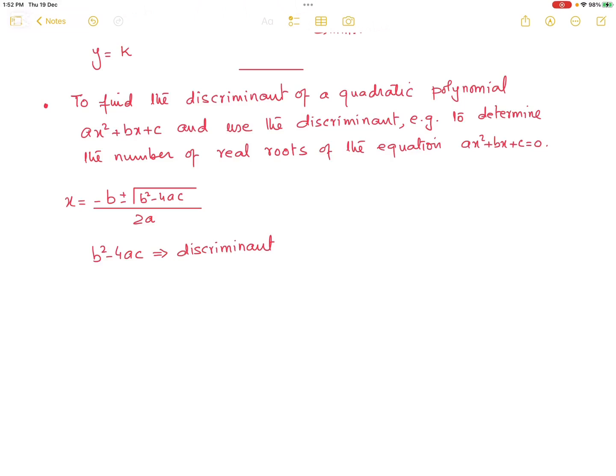Suppose we place the values of b, a and c in the given quadratic equation and we solve it, and if b square minus 4ac is greater than 0, I can say the roots are real and distinct.